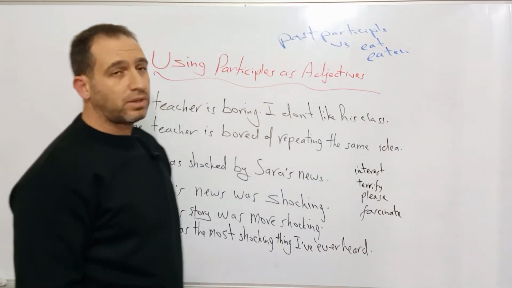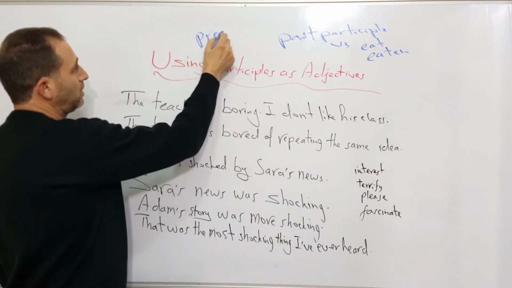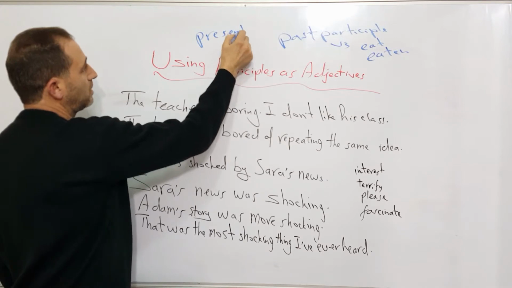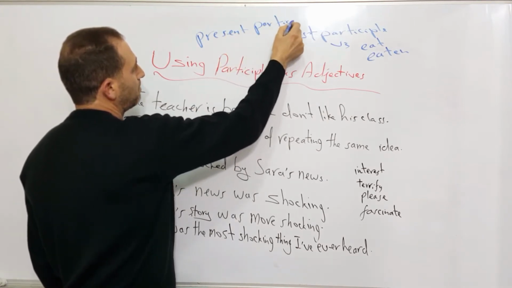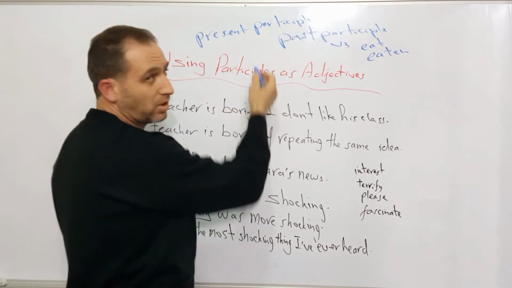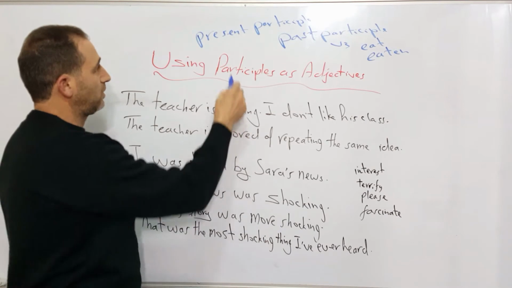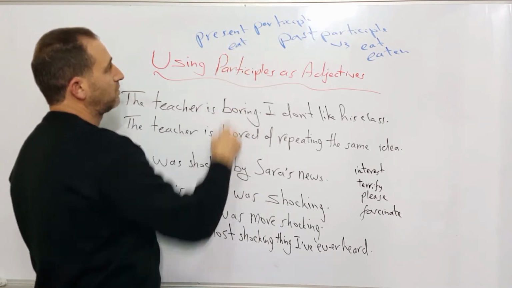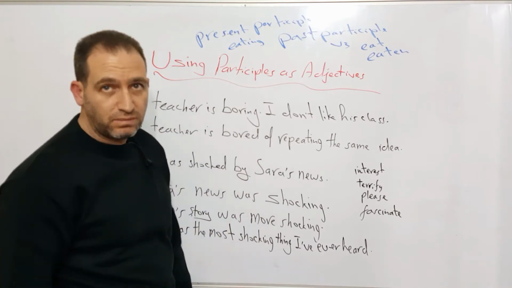And we have something called a present participle. Now, a present participle means you add an ing to the verb. So this is eat, and you add an ing, eating, okay?